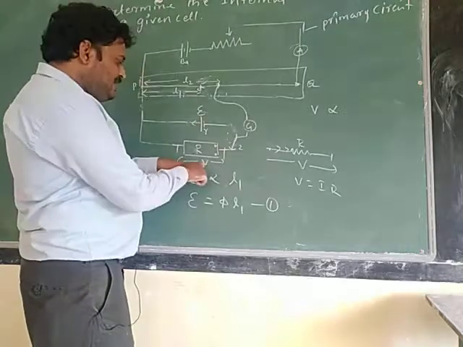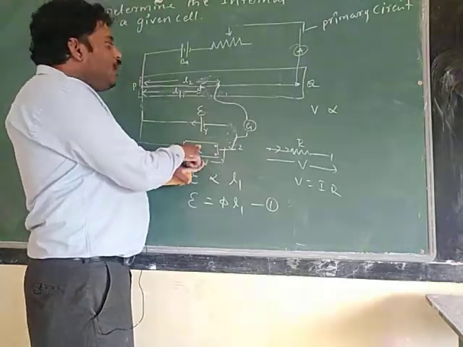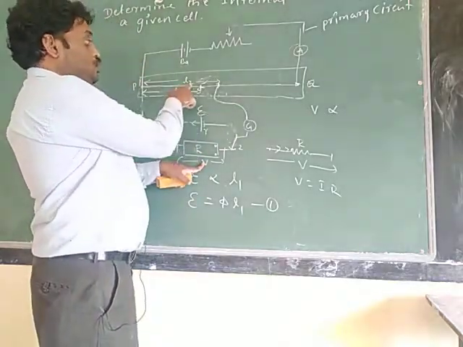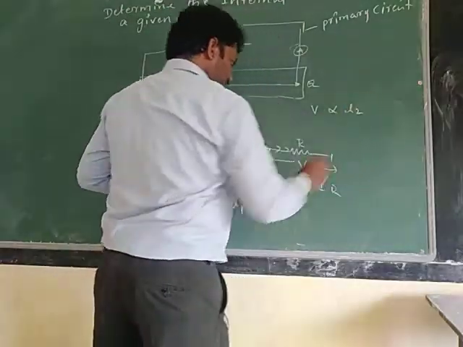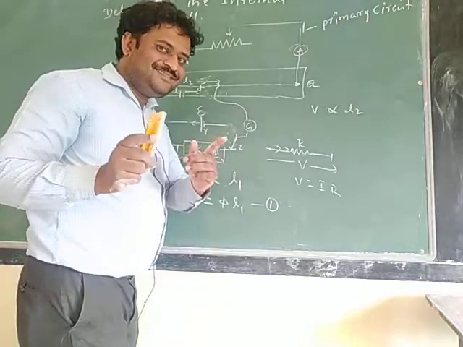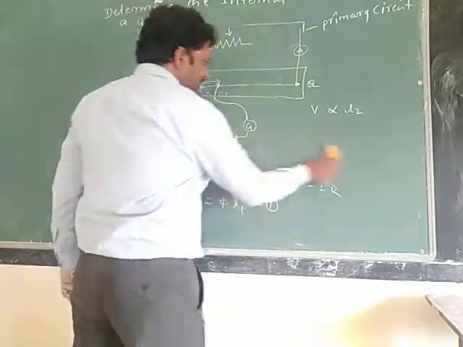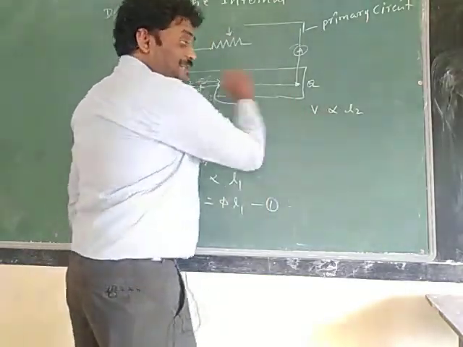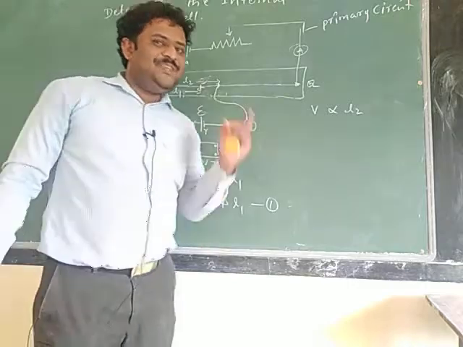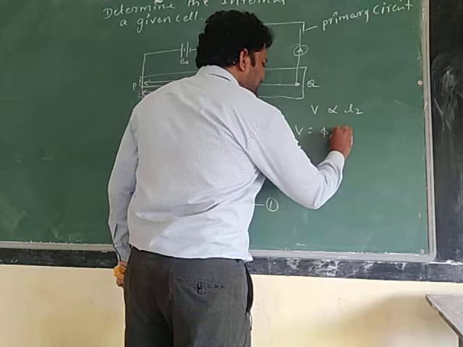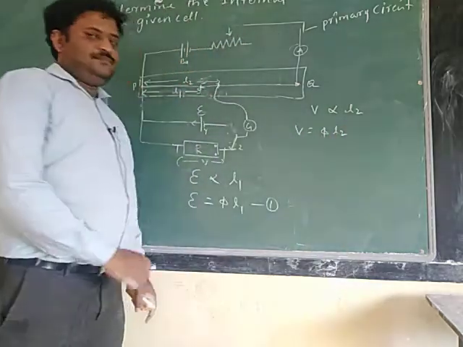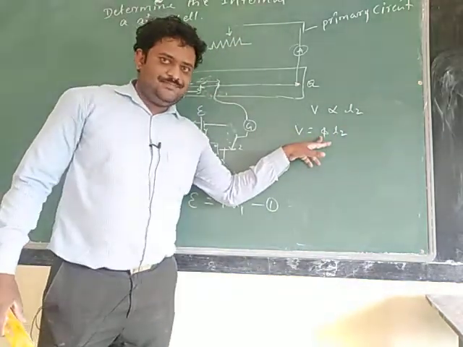Now this V, the potential drop across R, is directly proportional to its balancing length L2. Is it clear? When you remove the proportionality sign, V is equal to phi L2, where phi is the proportionality constant.